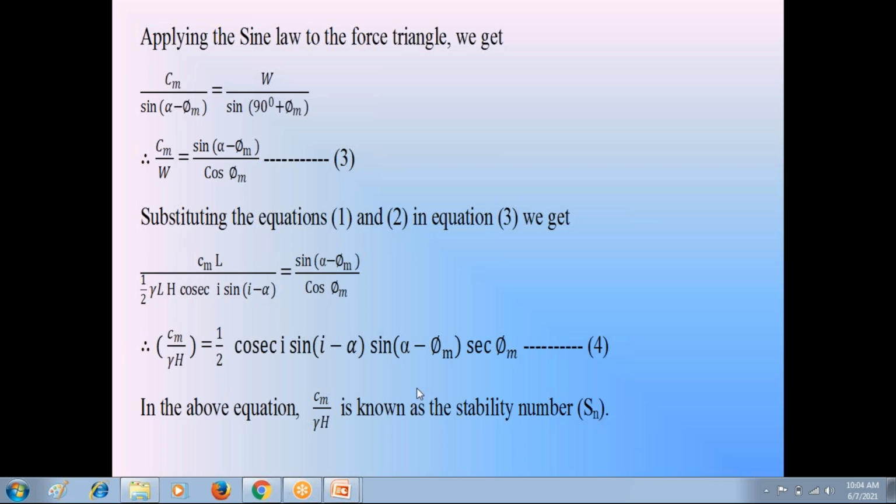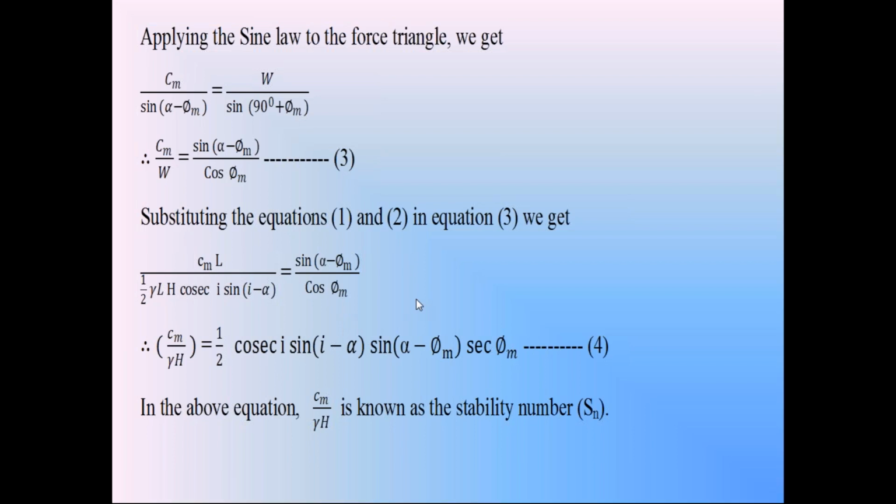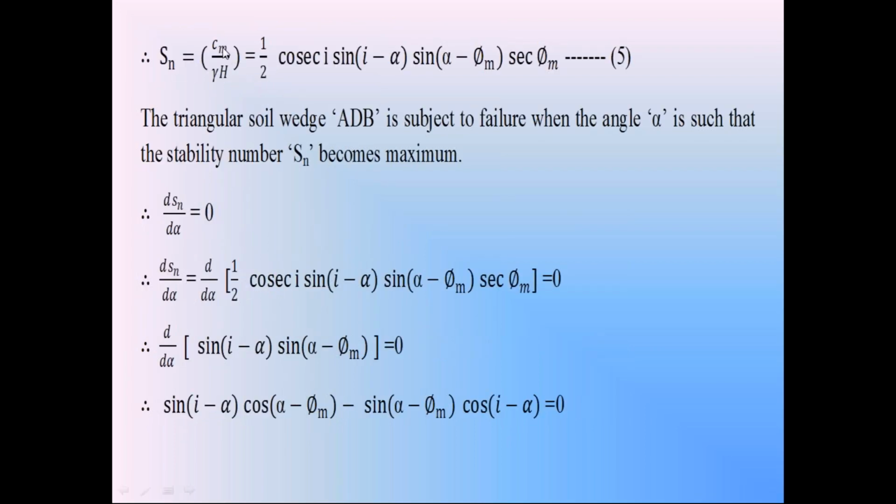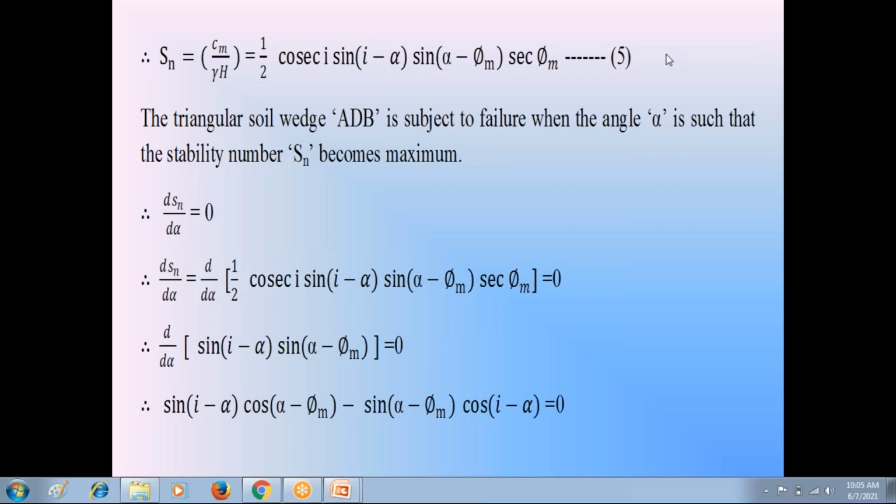So substitute this stability number in the equation 4. That equation 4 becomes Sn is equal to Cm by gamma h, Sn is equal to half into cosecant I into sine I minus alpha into sine alpha minus phi m into secant phi m. So this is the stability number of the finite side slope AB.